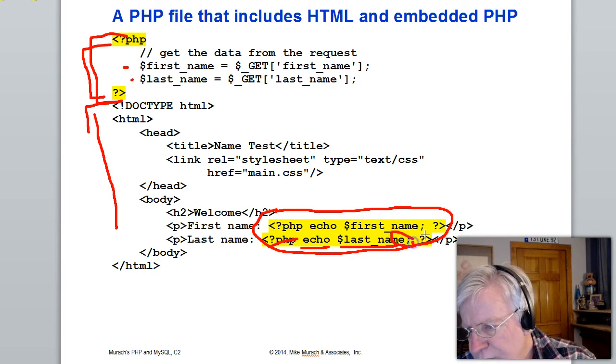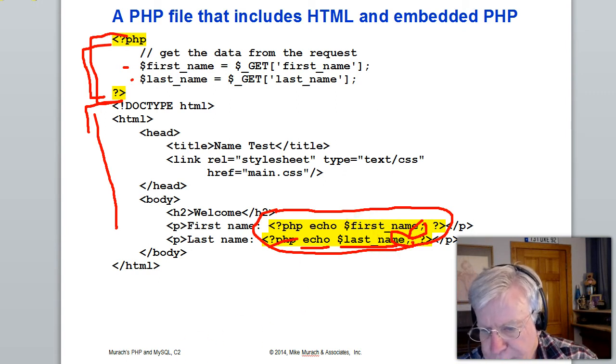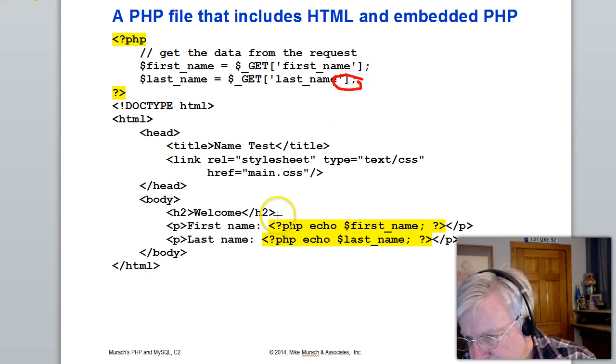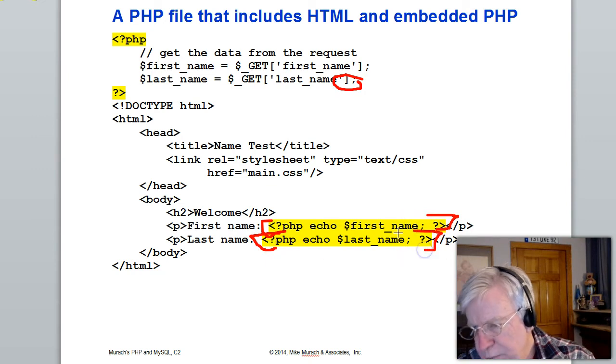Also notice there's a semicolon at the end of every single PHP line of code. Here is the beginning of a PHP tag and the end of a PHP tag.